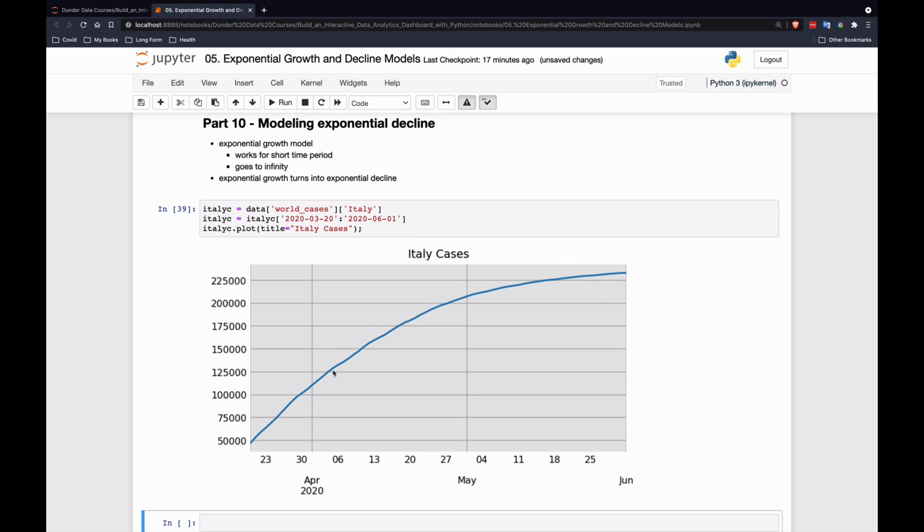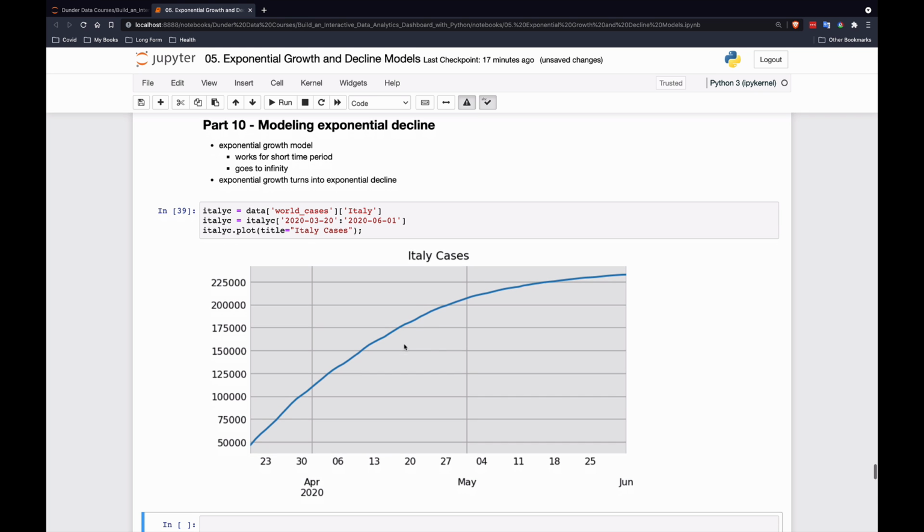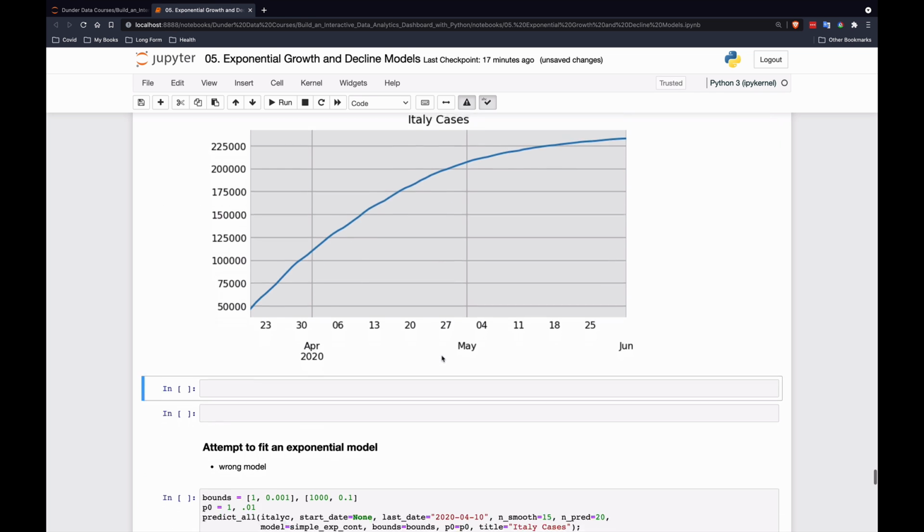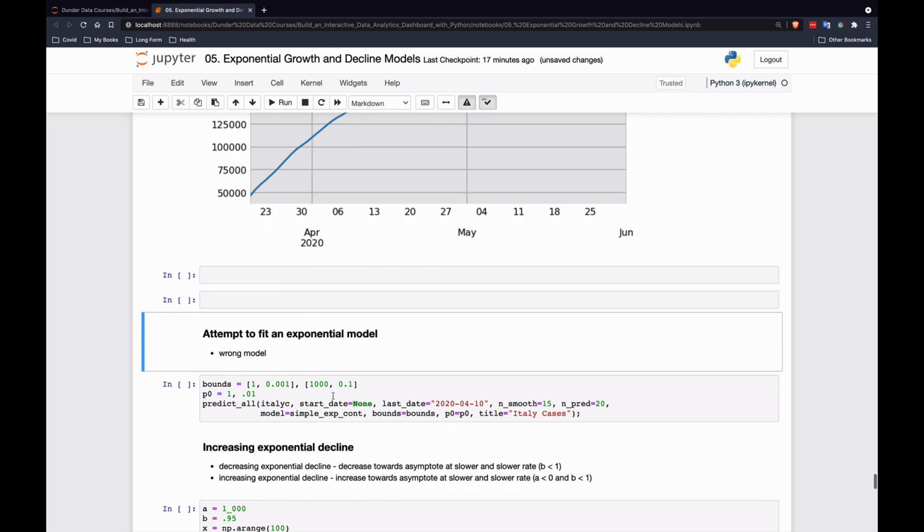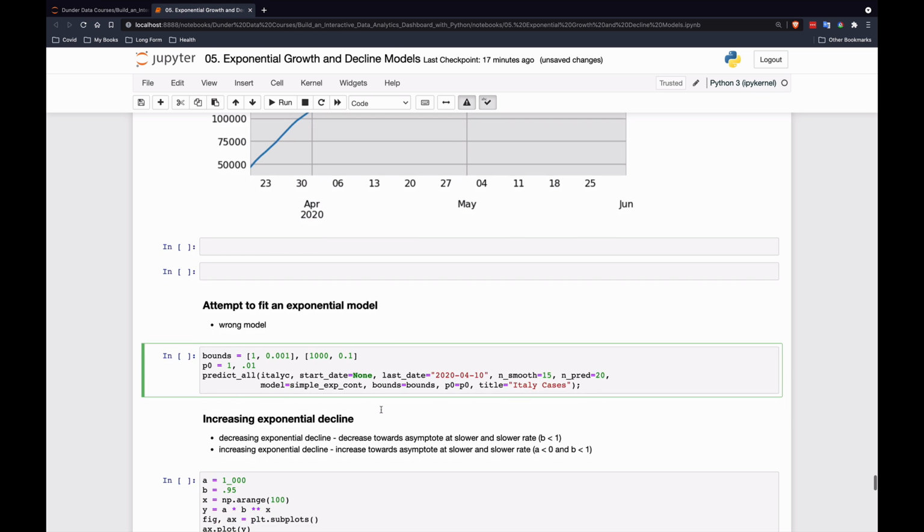So the exponential growth model is not appropriate during this segment of the coronavirus in Italy, and this is typical of what happens for many coronavirus waves. There is an exponential growth period, and then followed by an exponential decline period. Okay, so let's go ahead and try to fit our simple exponential continuous model in this case to this curve.